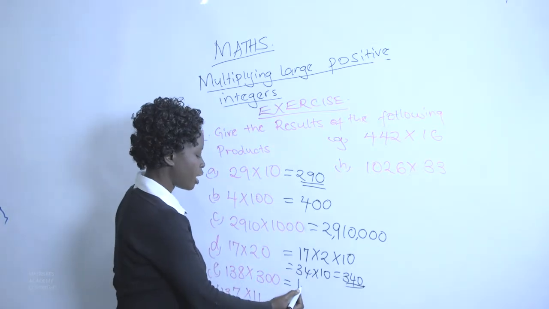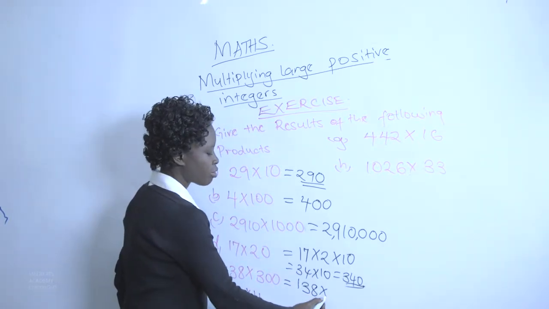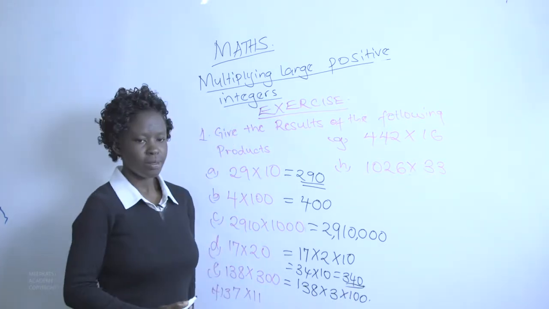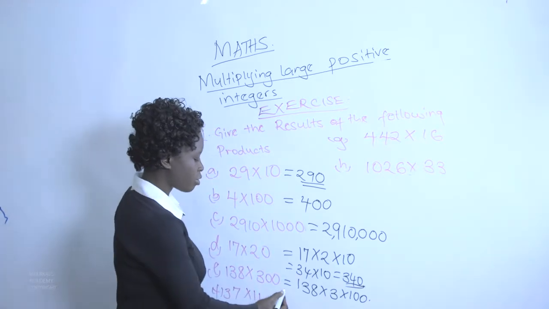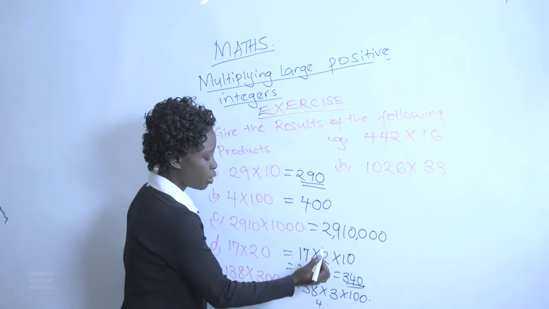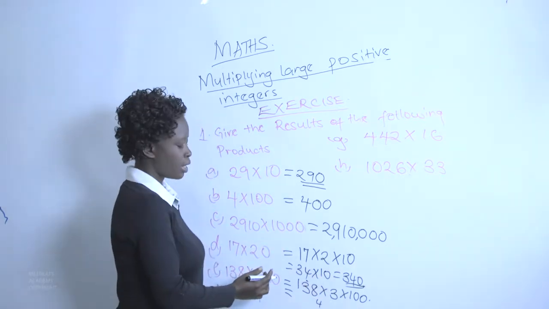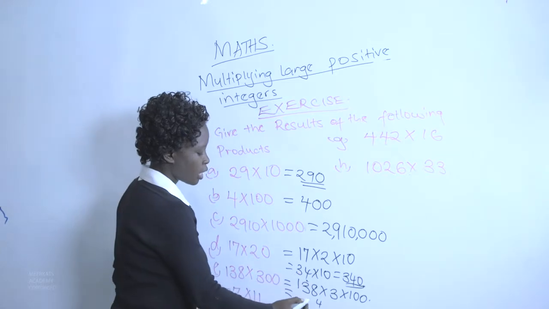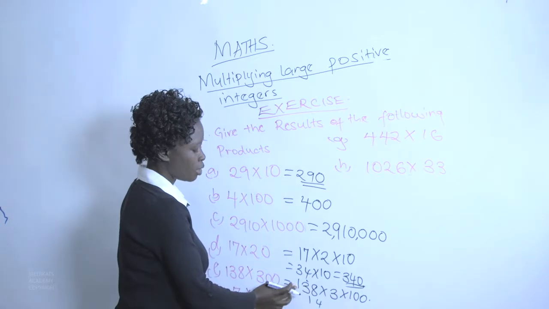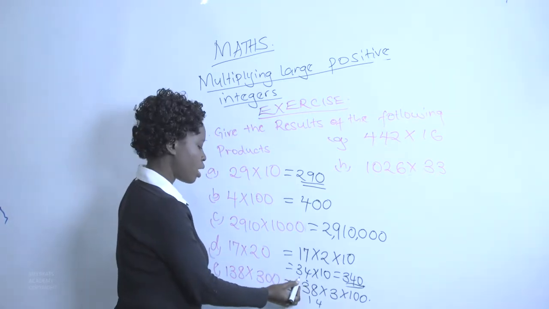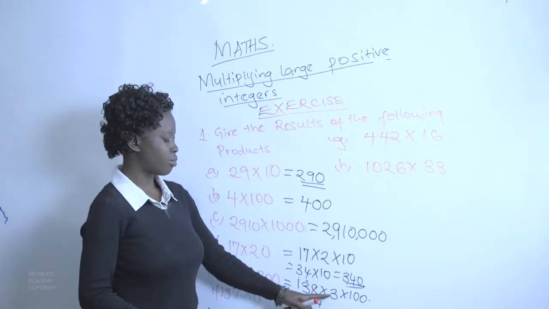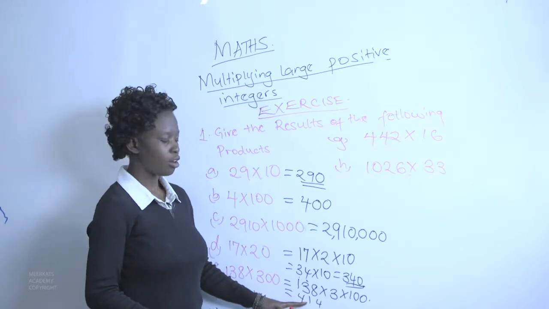So we will have 138 times 3 times 100. 138 times 3: we have 3 times 8, which is 24, carry 2. 3 times 3, that is 9. 9 plus 2, we get 11. Then we have 3 times 1, which is 3. Then plus 1, we get 4. So 138 times 3 is simply 414.